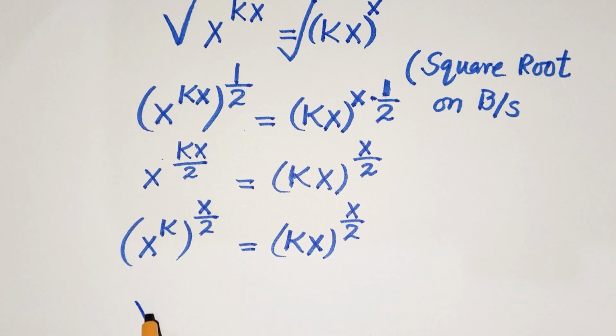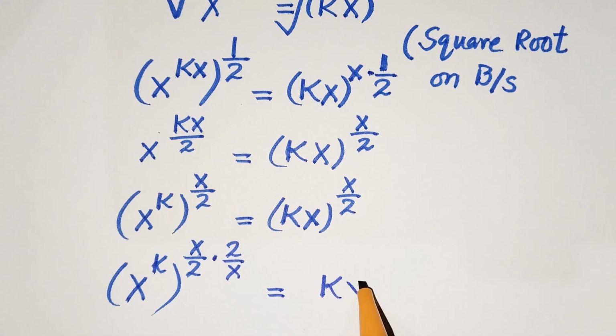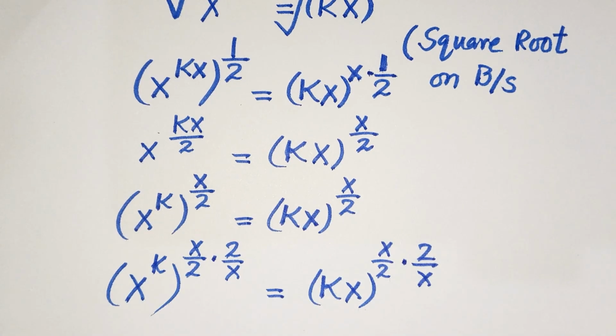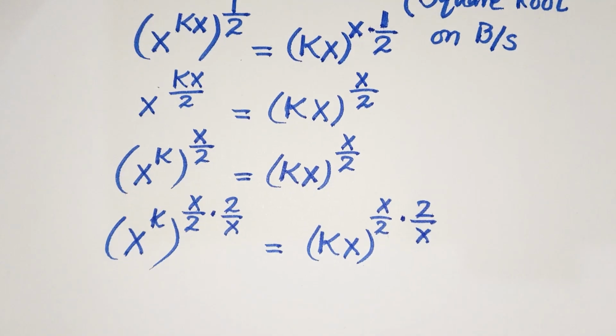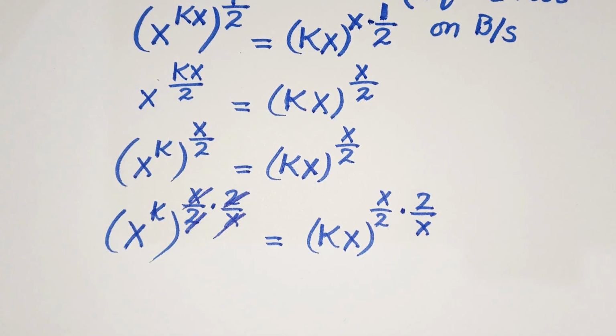Now we write x raised to power k whole raised to power x over 2, and multiplying 2 over x on both hand sides, we have multiplied 2 over x with the exponents on both hand sides, so 2 can be cancelled out with 2 and x can be cancelled out with x.